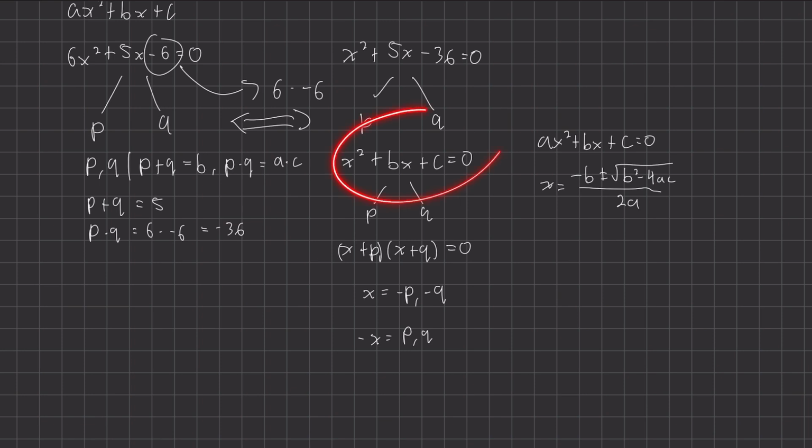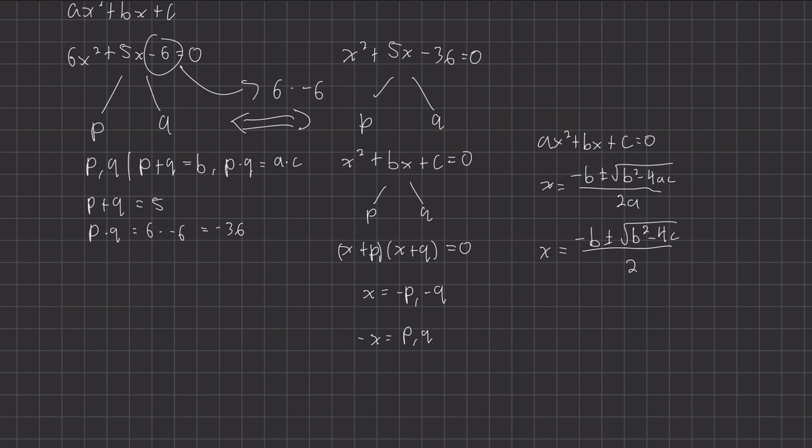Now we can apply that exact formula to this trinomial right here, except you notice that our a is just equal to 1, which means that we can simply omit the a, which gives us that x is equal to negative b plus minus square root of b squared minus 4c all over 2 for a simple trinomial.